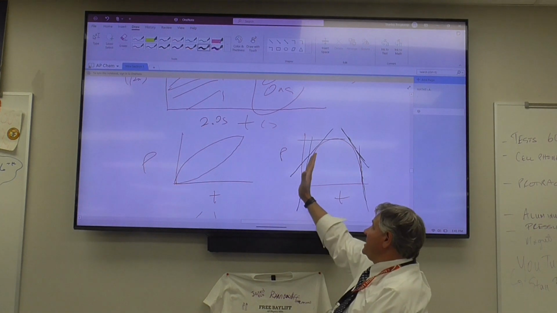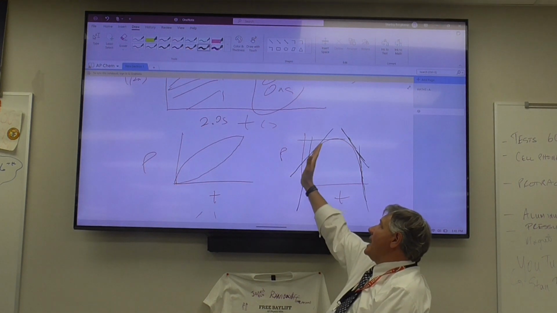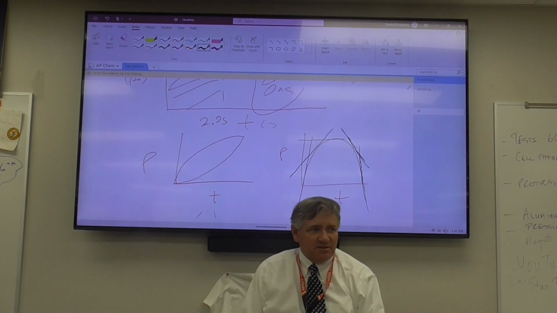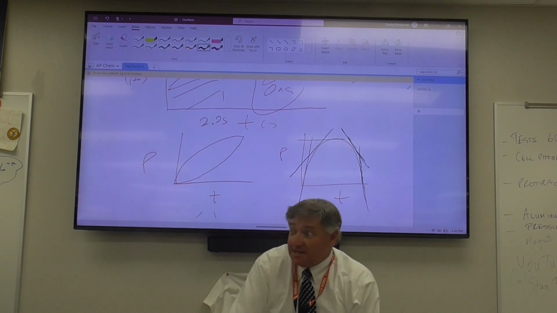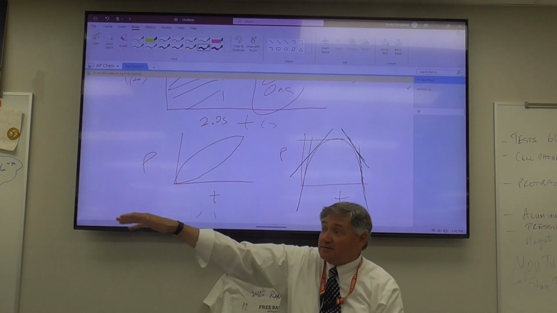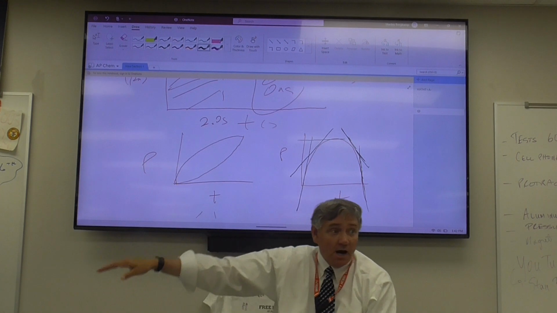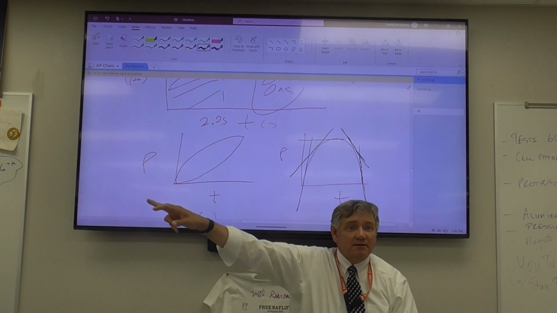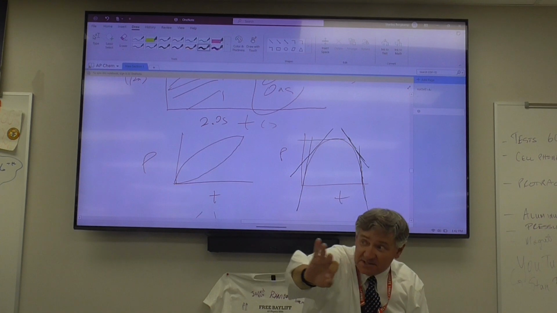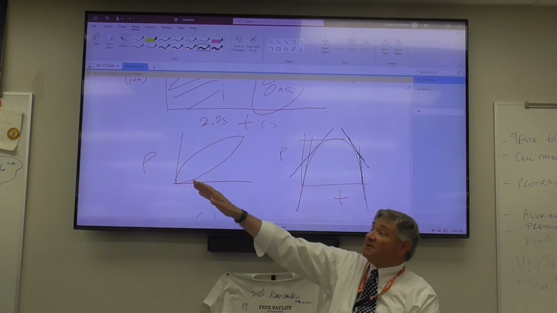So here's my point. If you look at these tangent lines, what happens to the slopes of those tangent lines? They become more shallow to indicate the object is slowing down. You're up at the top. What's the slope of that tangent line? 0. That means the object is doing what? It's at rest. It's stopped.